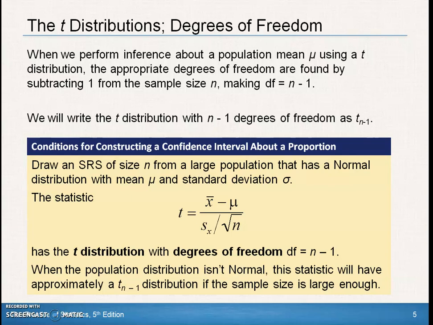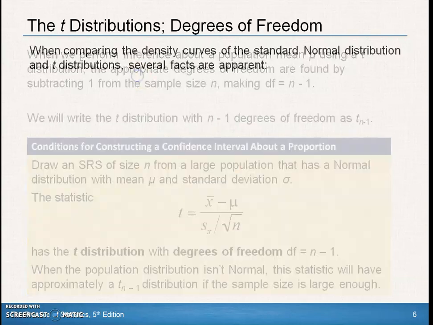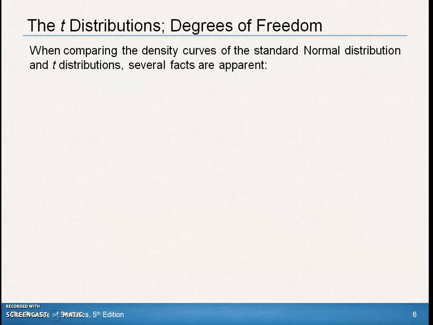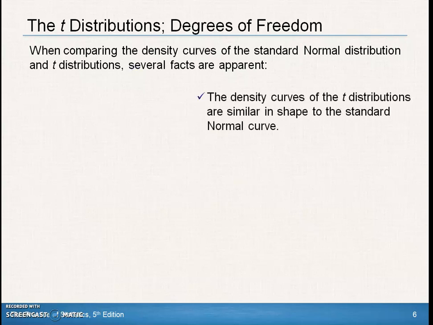When the population isn't normal, this statistic will have approximately a t-distribution if the sample size is large enough. And we'll learn later 30 is the magic number. So when comparing density curves, the standard normal distribution and t-distributions look pretty much the same, really.